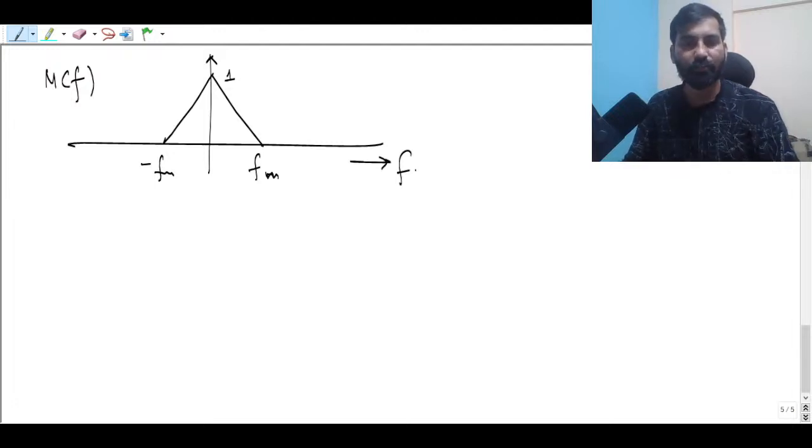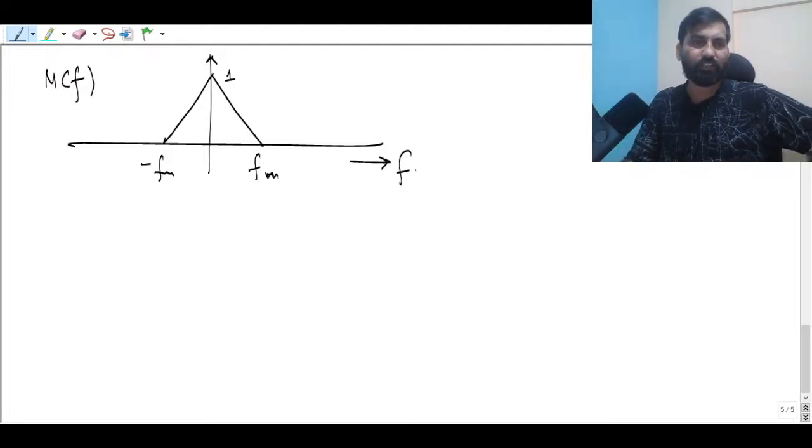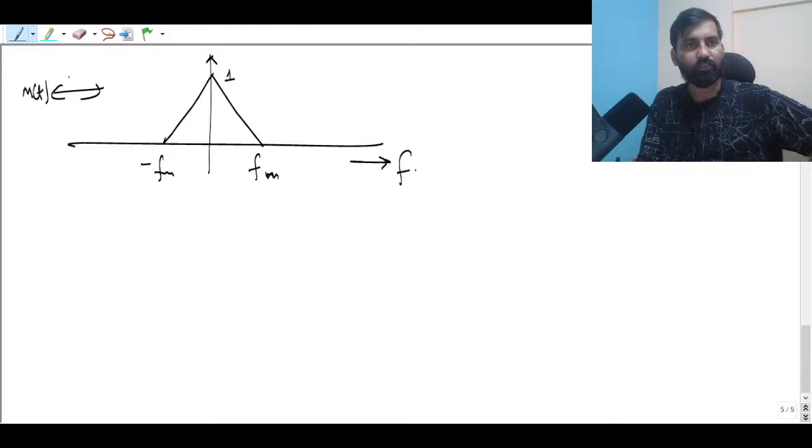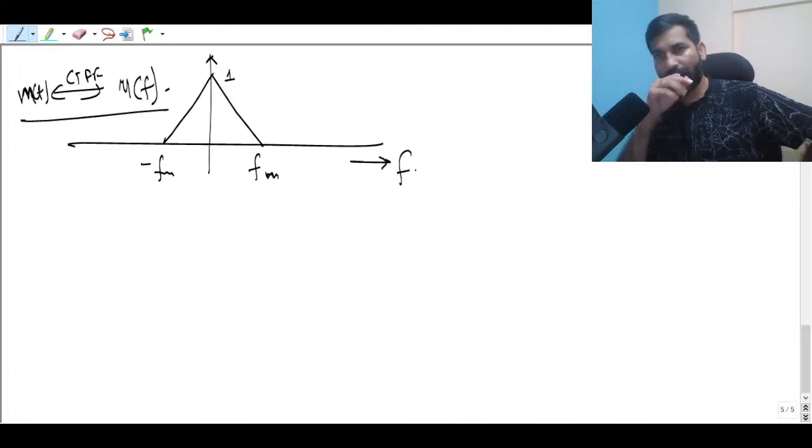This is nothing but the Fourier transform of mt. Small mt is the time domain; if you take the Fourier transform, you will get the frequency domain, and this is band limited. Everything we have discussed.